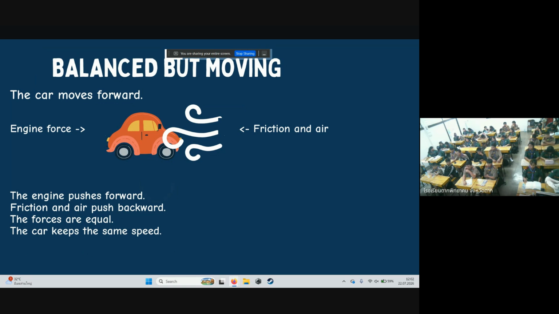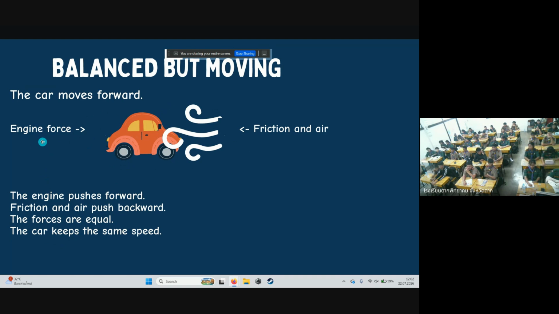And another version is balanced but moving. The force from the engine is pushing the car to the right. And the wind, air, and friction are pushing the car to the left. If the engine force and the wind force are equal, the car will keep moving at the same speed.